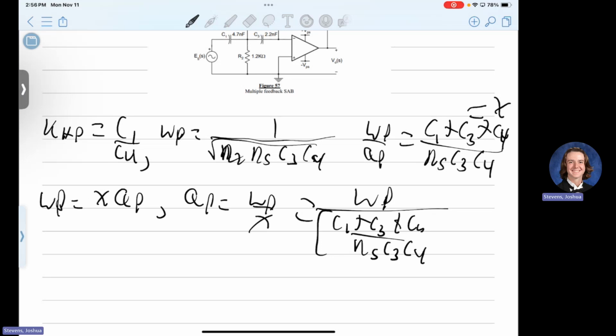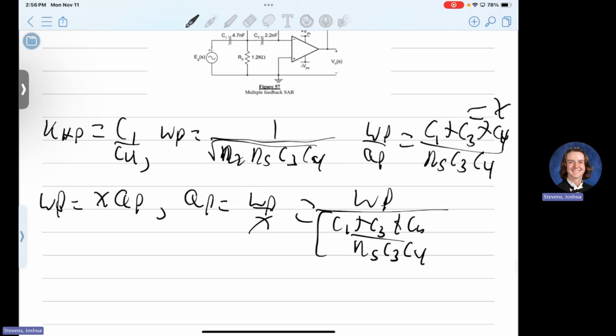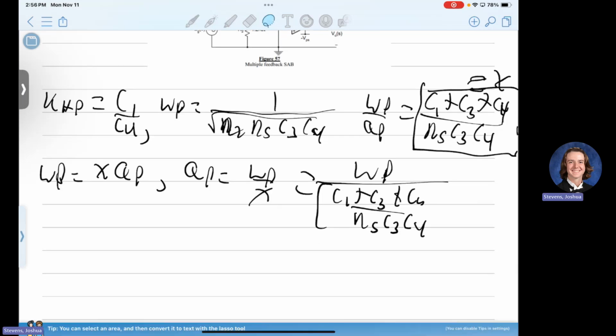Okay, so with the values that we are given, this whole thing here is just equal to X, just for the algebra, makes it simpler. So let me do this.